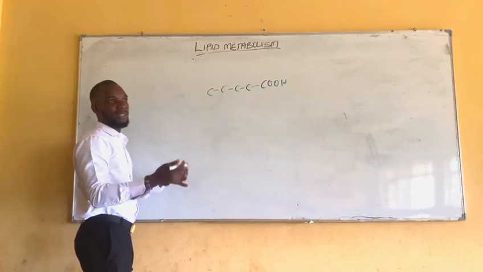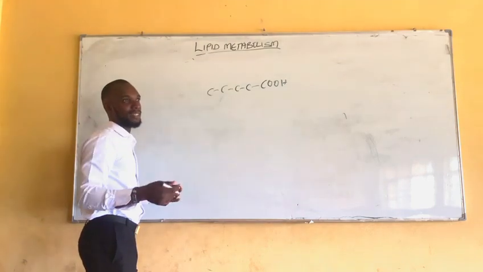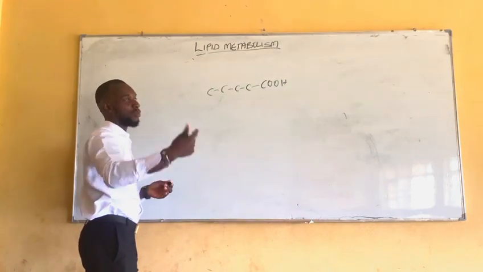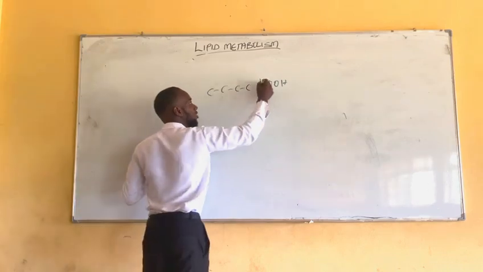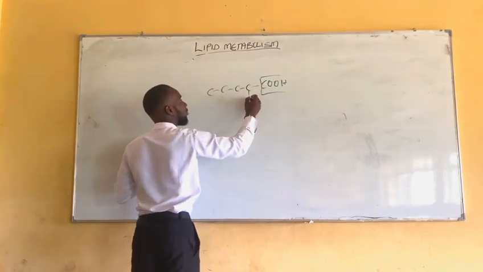If it's 16, it's palmitic acid. If it's 14, myristic acid. If it's 18, stearic acid, and so on. So it's made up of the carboxylic group and then the hydrocarbon group.